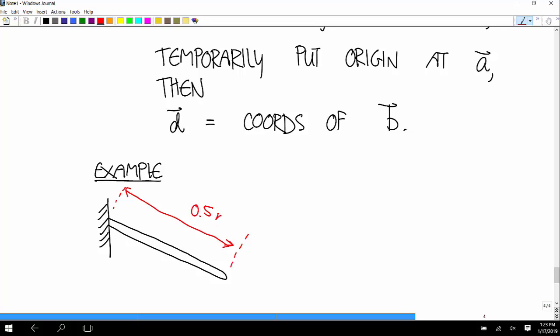So 0.5 meters. And we know that the angle of this beam with the horizontal is 30 degrees.